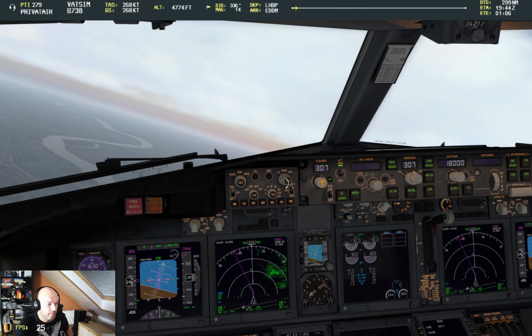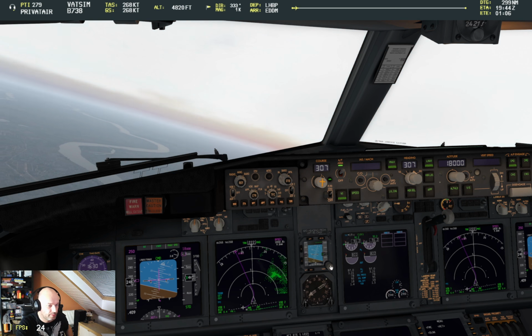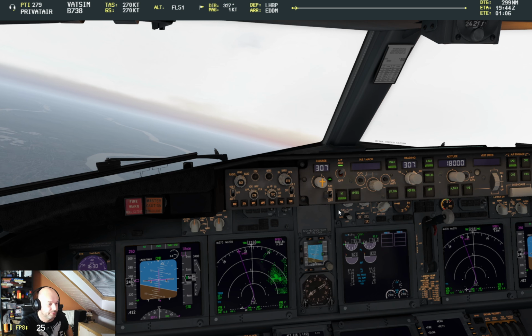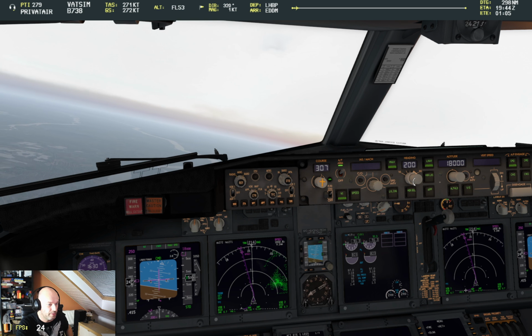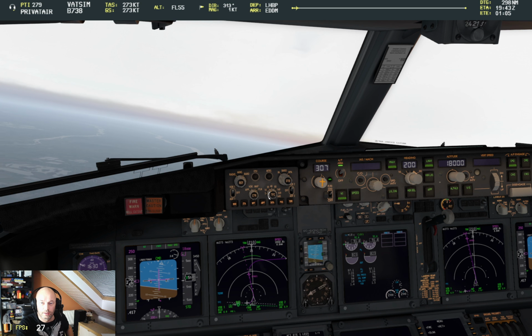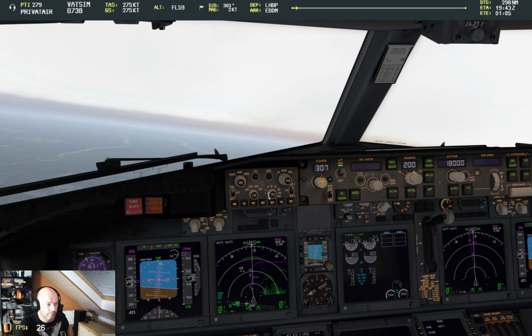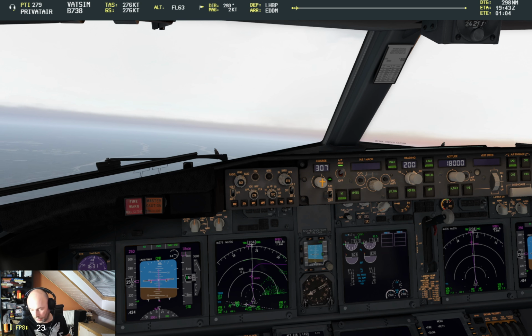So 180, standard is set 3 times, level 180 checked. Heading button, let's follow here through. Out of 7,000, direct Arzin, private air 279, thank you.